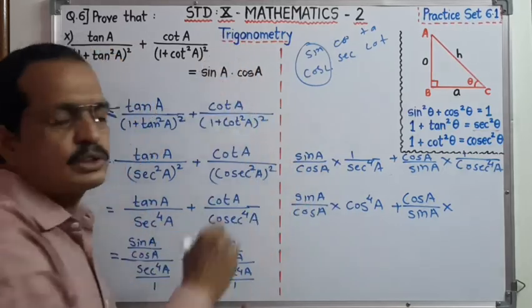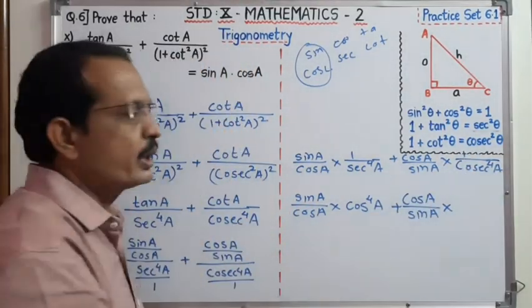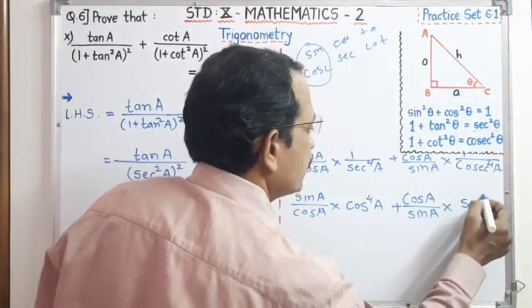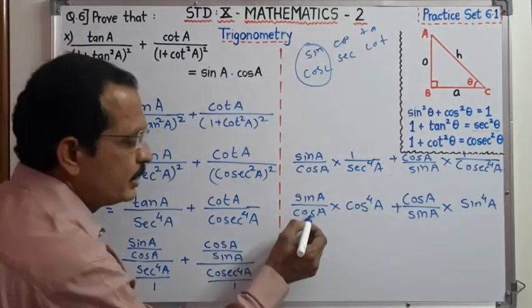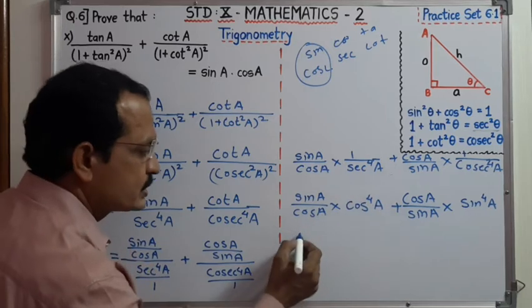Sin and cosec are inverse of each other. Therefore, 1 upon cosec raised to 4A, we can write here sin raised to 4A. Got it? Now dear students, see this cos A, and from this cos raised to 4A, one cos gets cancelled.